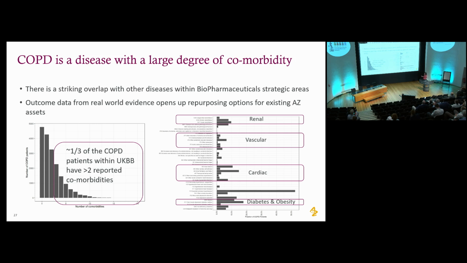And what is really interesting for us as AstraZeneca is that these comorbidities align with other indications that fall within our strategic indication that we look into. So besides respiratory and immunology, we also focus on cardiovascular and renal indications. So this is really a good guideline that might help us in repurposing existing therapies that we already have.